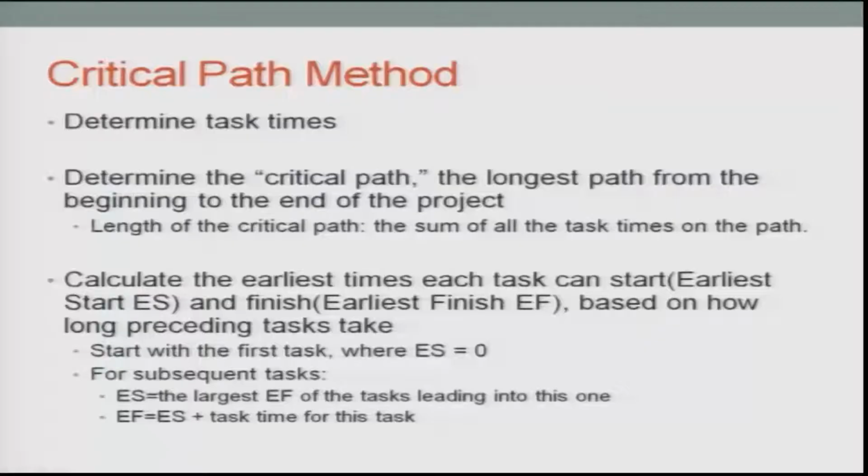In the critical path method, you determine the task times, that is, the time taken to finish them, and determine the critical path, which is the longest path from the beginning to the end. So you have the source where you start, and these are the jobs you are trying to do. This is 1, and then you will have 2, 3, 4, 5 till the last one, which I will call S. S means the sink or the end.